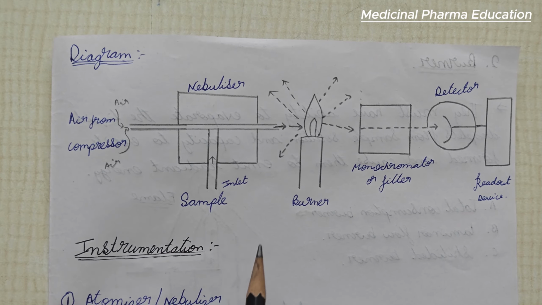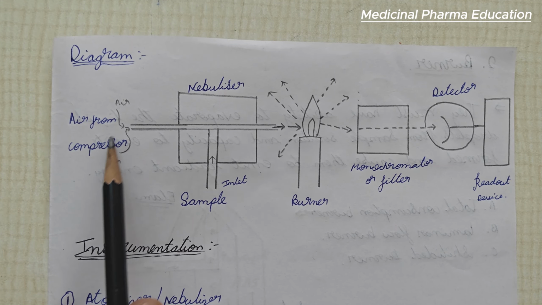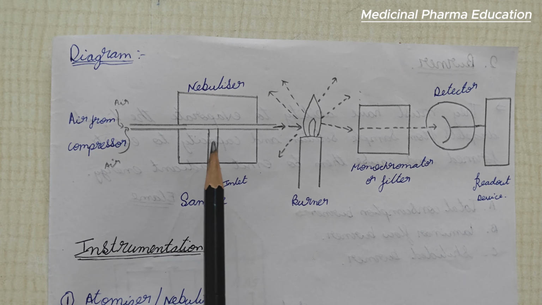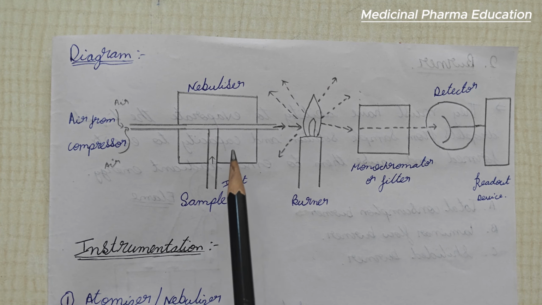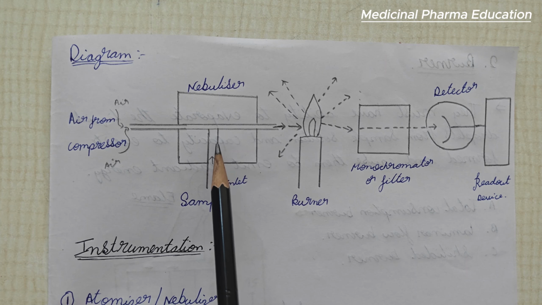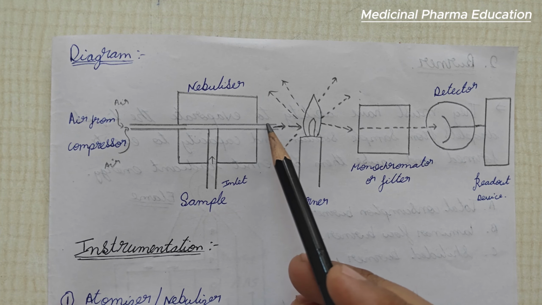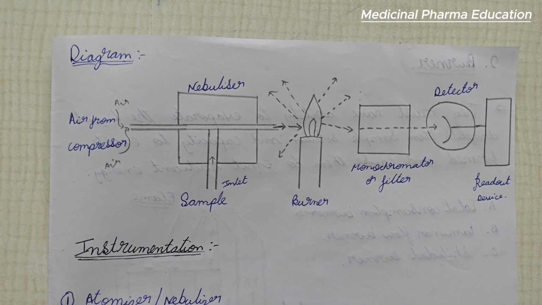See, firstly, on one side compressed air is passed through the nebulizer, and sample is also passed through the nebulizer. Nebulizer takes both and it sprays the liquid in the form of fine droplets. It has a narrow edge like a syringe.